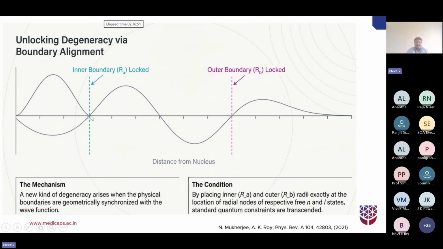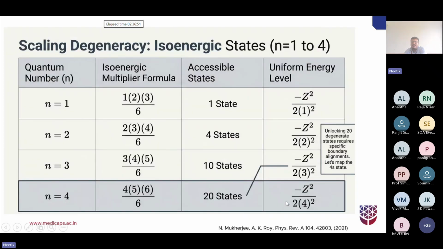This is the wave function for the 4s state of the free hydrogen atom, and this point is the first node, and this is the second and third node. This free system has an energy of minus 1 by 32, as we have seen in the previous slide.